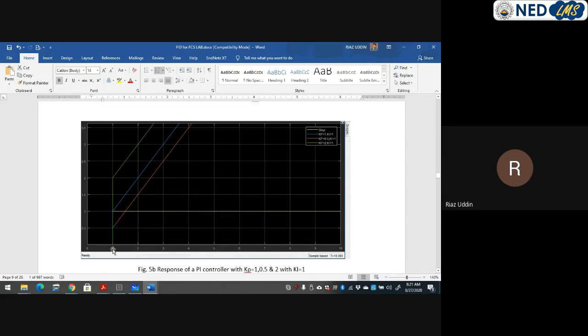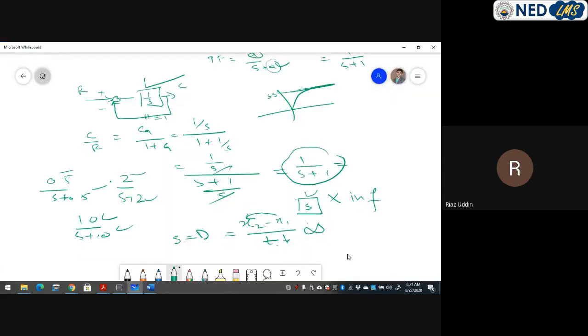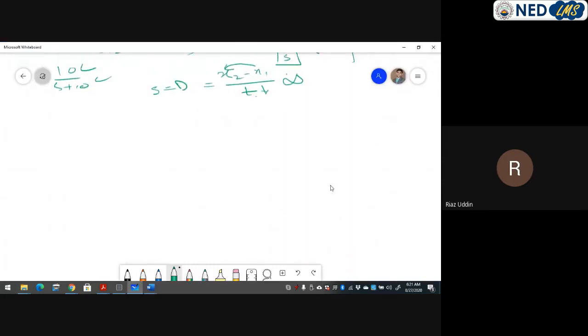The summary is that whenever there is a PI controller, let me not go too fast, so that you don't skip the concept. Let me tell you one thing. For example, you have kp equal to 1 and ki equal to 1. What kind of response are you getting? Till 1 you will have this, and then as soon as your 1 appears, you get this ramp value.